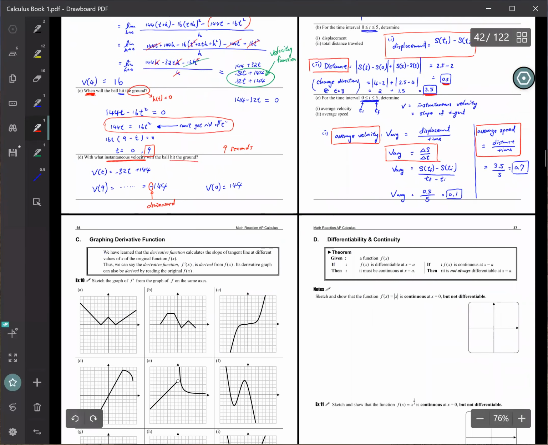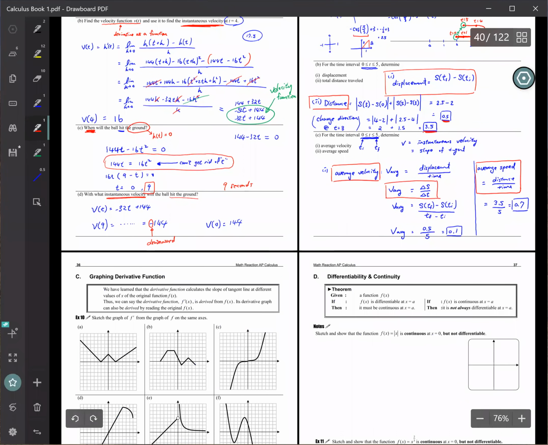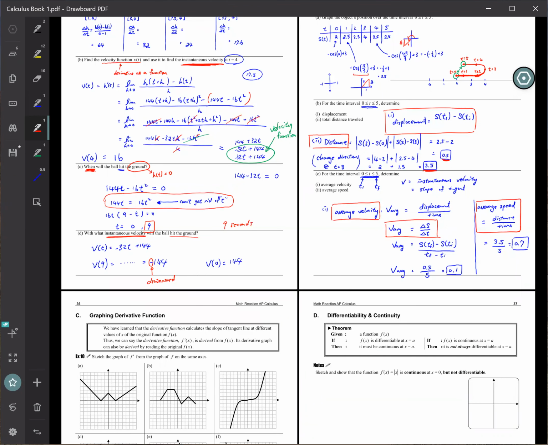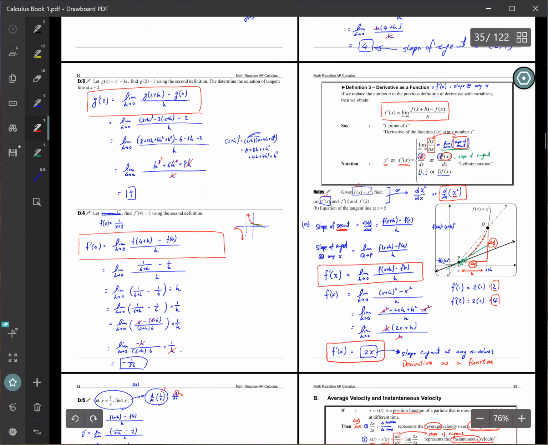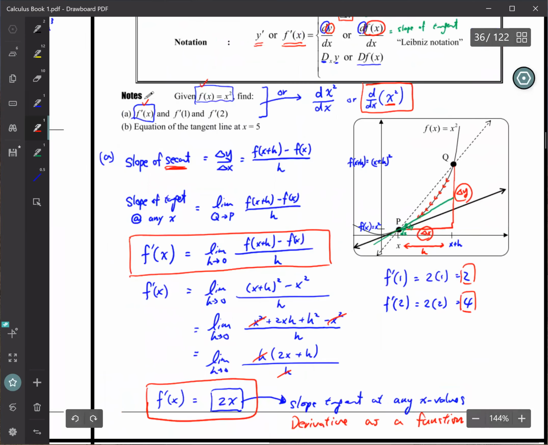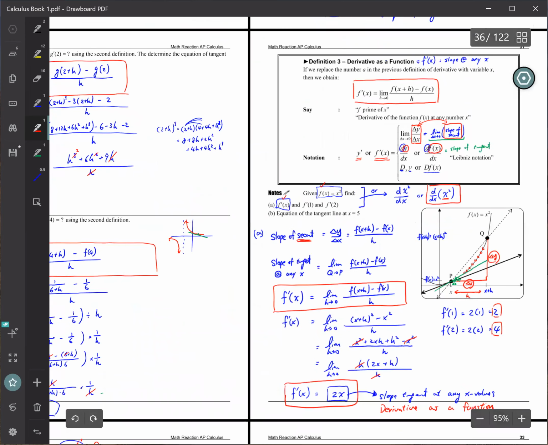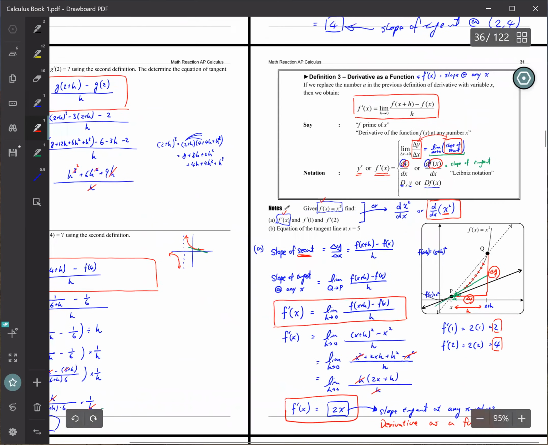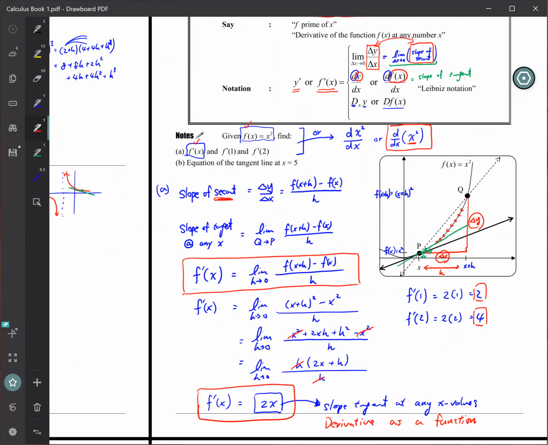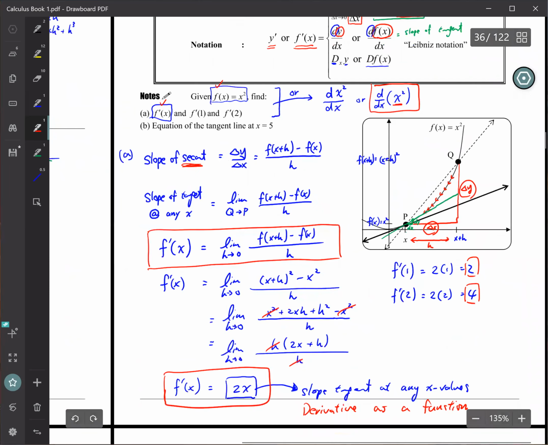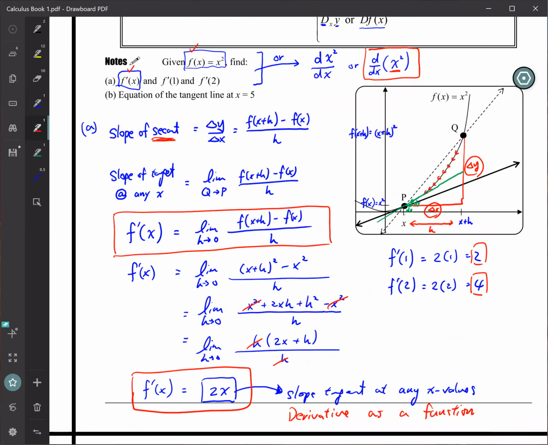Before we do that, I want to use something we learned before to help you understand the next part. When we were learning about the derivative as a function, this is on page 31, you could turn to that page or look at the screen, we started with a parabola and ended up with a new function, which we call the derivative, because we derive a new function, which is 2x.